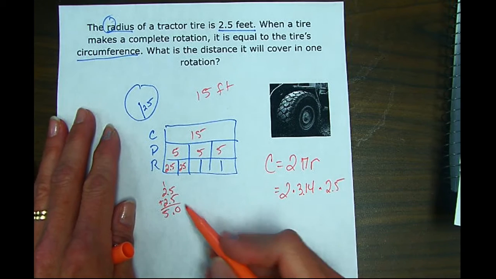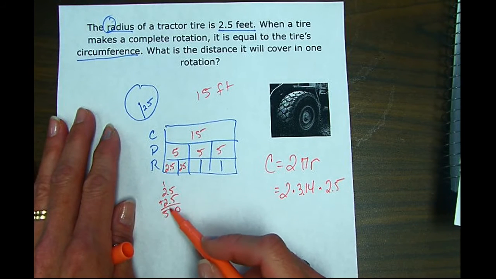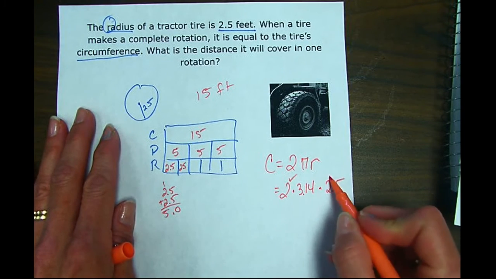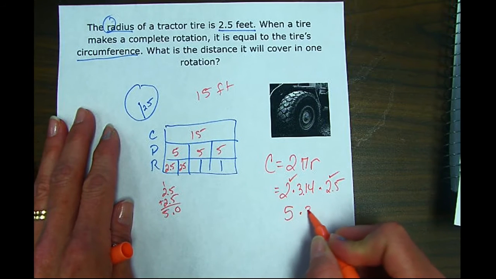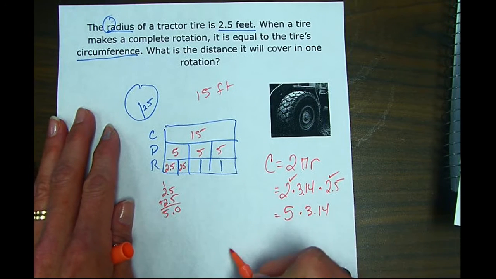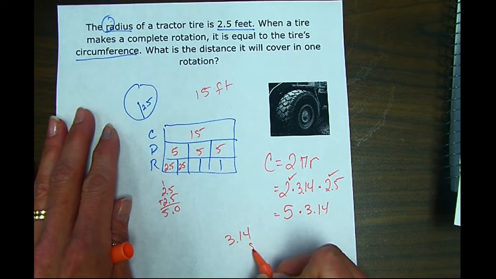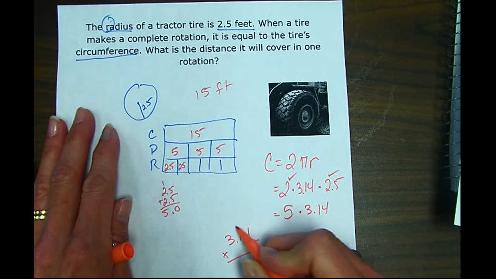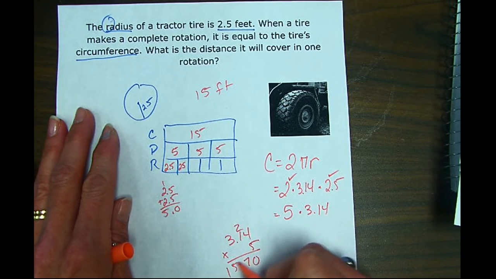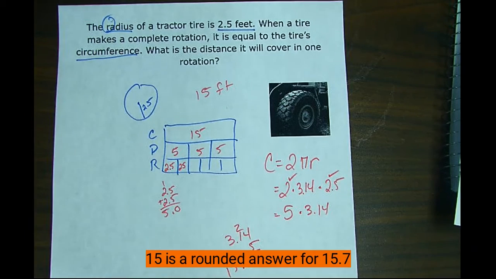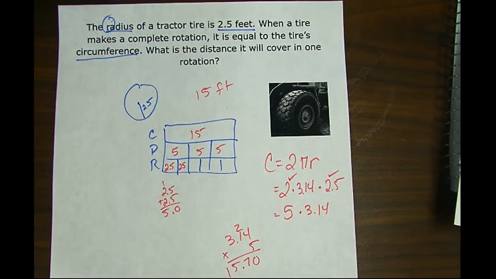So over here, we actually already did 2.5 2 times, so this and this equal 5, times 3.14. And I need to rewrite that so we can see it nicely lined up. So the more exact answer would be 15.7. So when we do these, this is the estimate and this is the more precise.